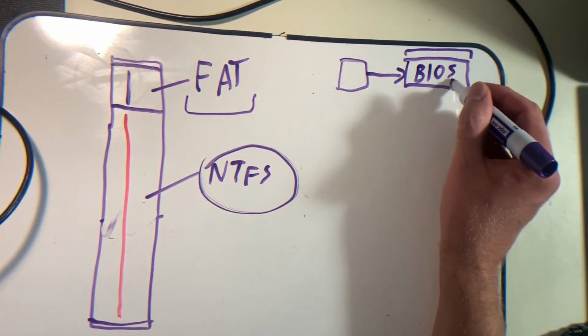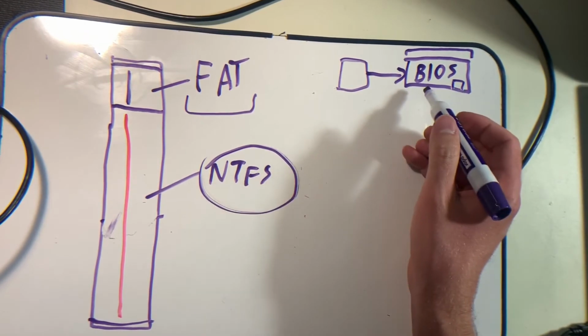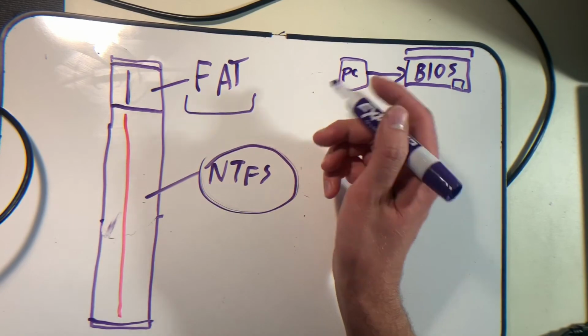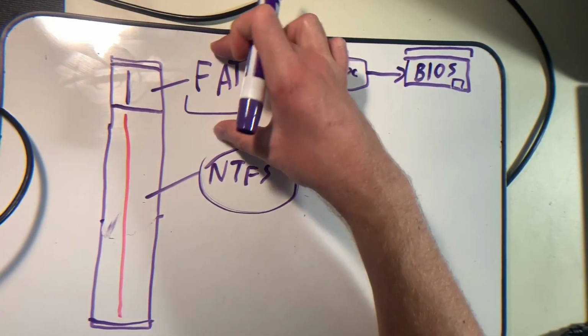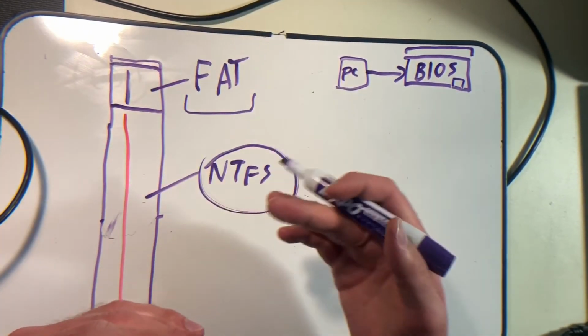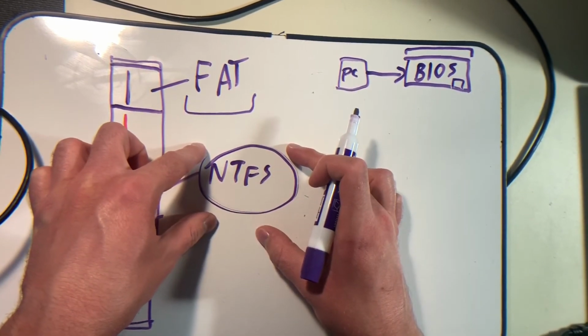Small enough that it can fit inside of your BIOS chip. So your BIOS is going to load into your computer all of the information it needs to be able to access this FAT partition. And inside of this FAT partition contains more information, including information on how to access NTFS.